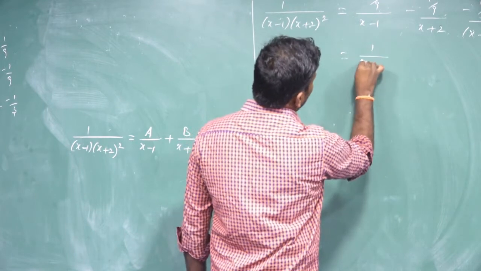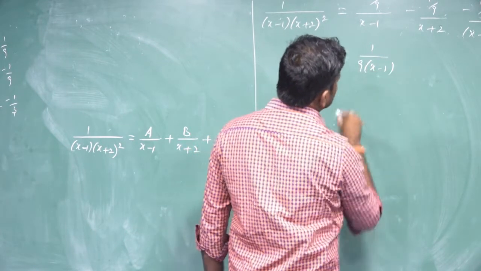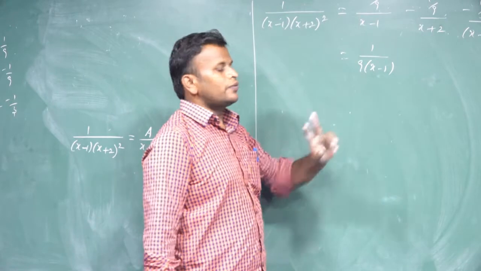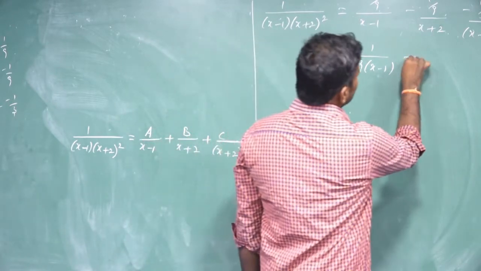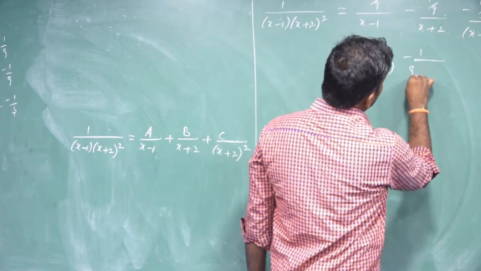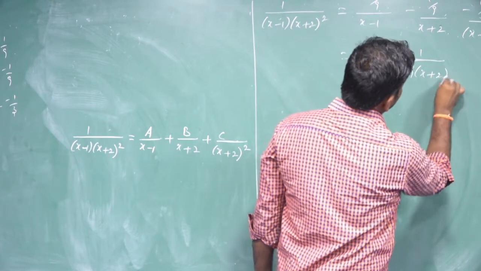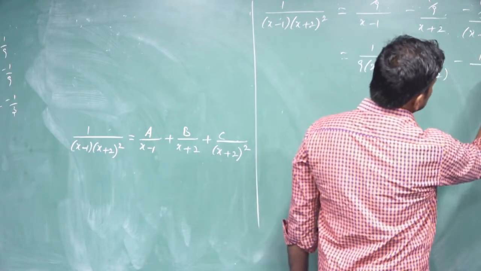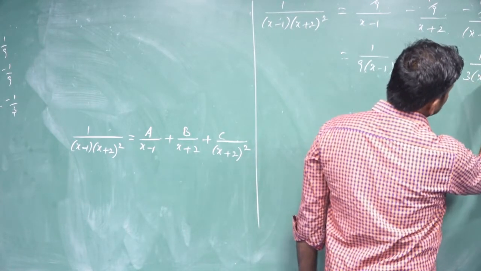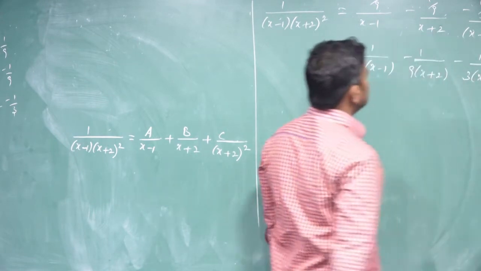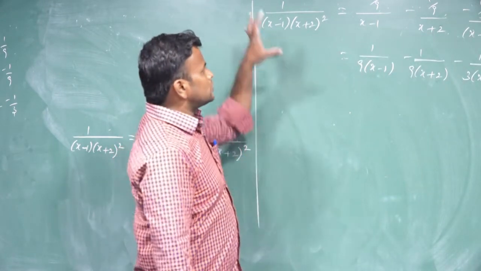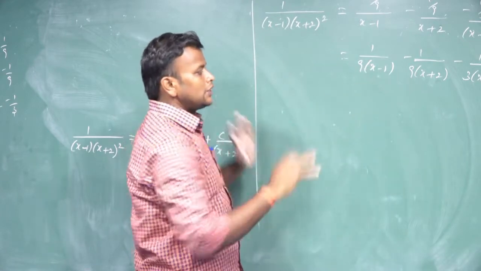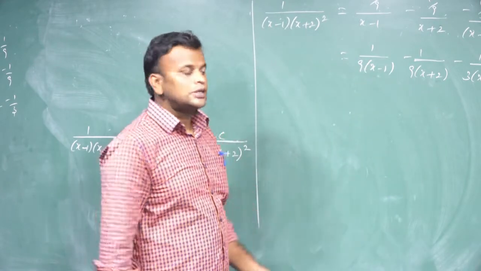I write it is 1 by 9 of x minus 1, minus 1 by 9 of x plus 2, minus 1 by 3 of x plus 2 the whole square. So the single term has now become 3 terms. The next step is taking integration.